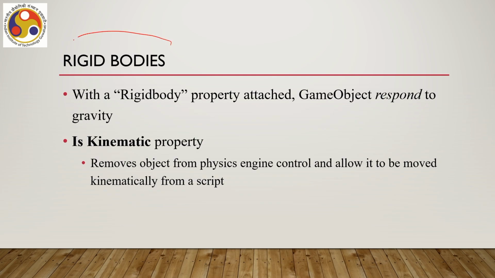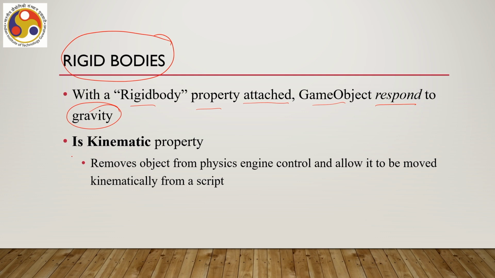What are rigid bodies? A rigid body is a property that, when attached to a game object, lets the game object respond to gravity. That means, when it falls or when it bounces back from some surface, it appears more realistic, in accordance with our everyday experience rather than something fantastic, something imaginary.